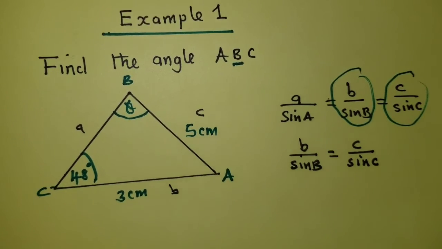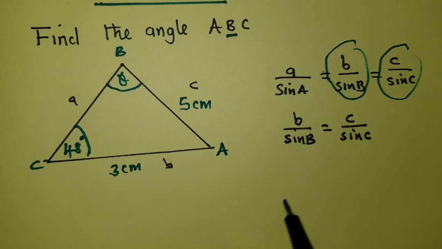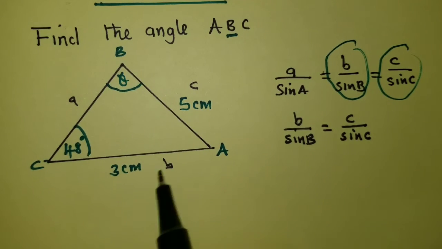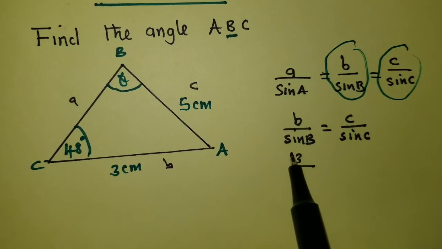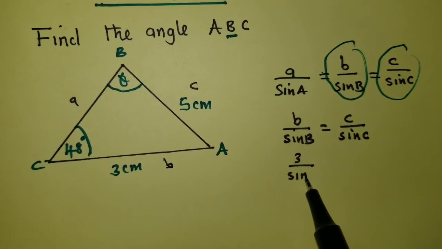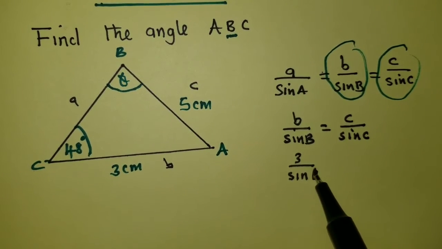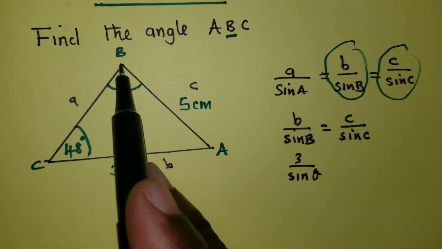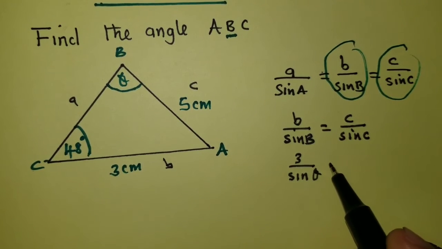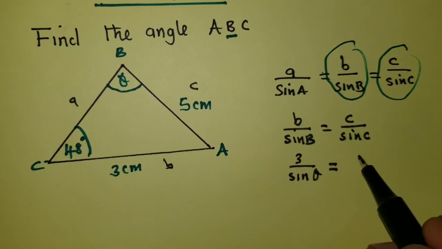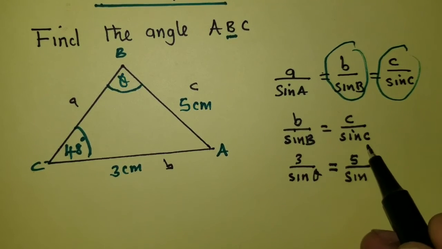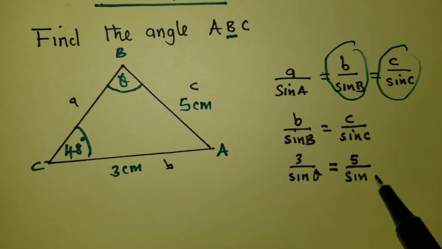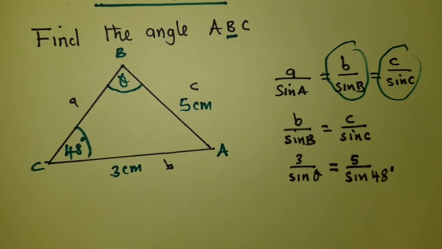Okay, so we now plug in. What is our small letter b? It's 3 over sine capital letter B. Capital letter B, it's theta. This is what we're looking for at B. It's an angle that we are looking for. For small letter c, it's 5 over sine, capital letter C, it's 48 degrees.